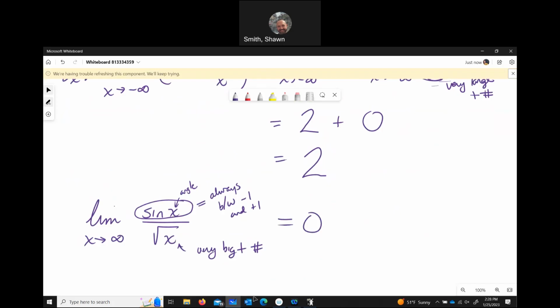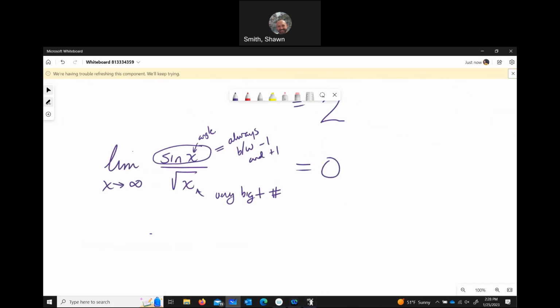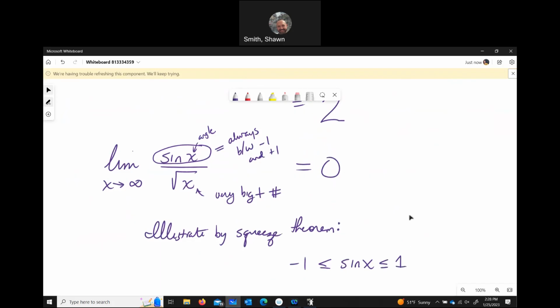Now, in a sense, what I just did there was the squeeze theorem. I can illustrate this by the squeeze theorem. Know the sine of x has to be between positive 1 and negative 1, right? My function there is sine of x divided by the square root of x.